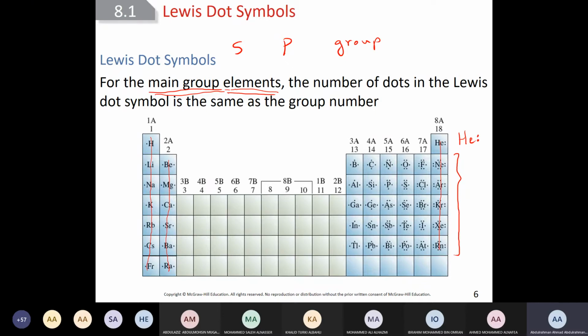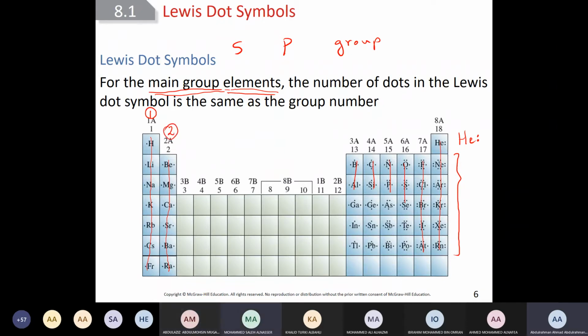Very good. Always the valence of halogen is 7, oxygen group is 6, and so on. So we have to know the valence number. What's the valence of alkali metals? Plus one. What's the valence for alkaline earth? 2.